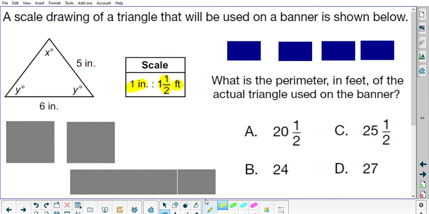No. Notice how this angle and this angle are represented with the exact same variable, but the angle on top is a different variable.